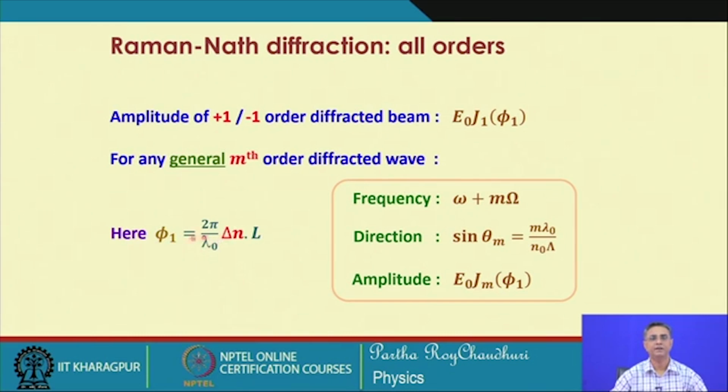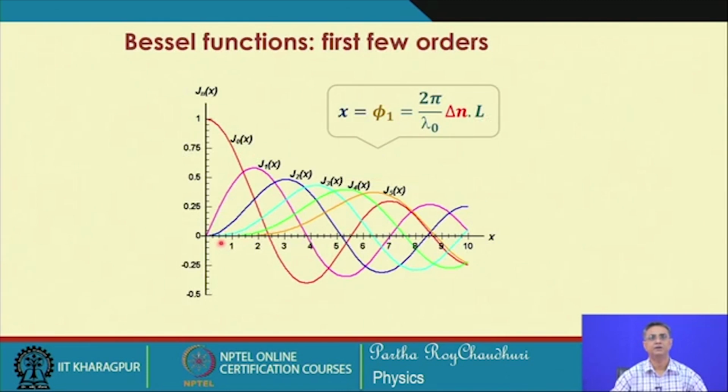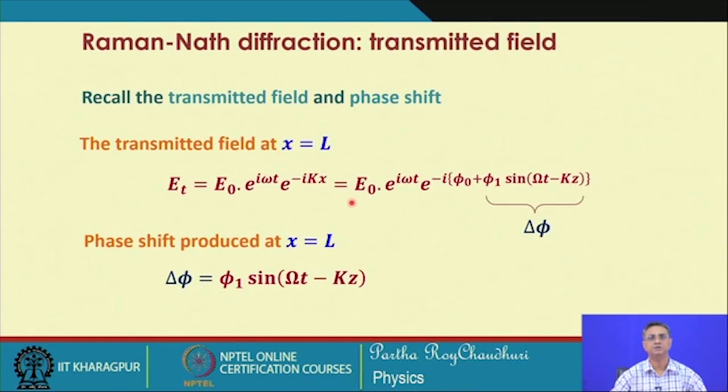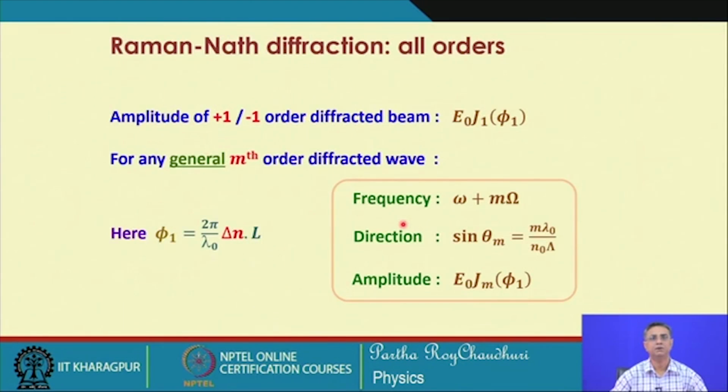So, delta phi and phi 1 are related: this phi 1 is the peak value of this delta phi. So, this is the maximum value of the change in the phase, and that will correspond to the depth of modulation of the phase.